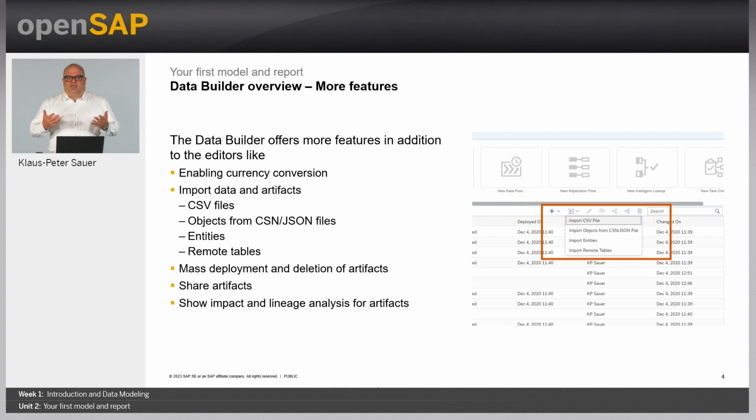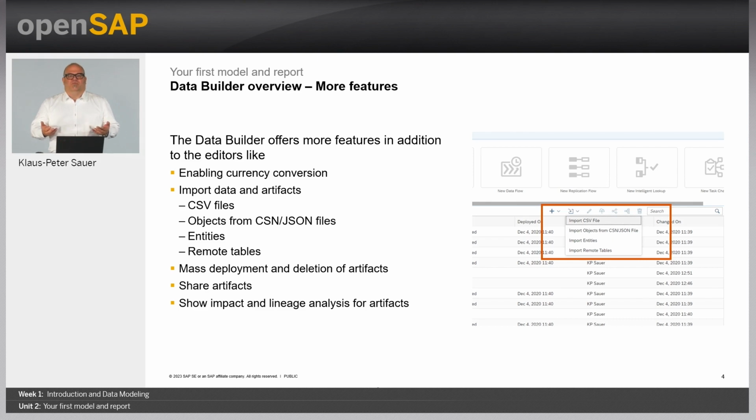In addition to the editors, there are more functions available in the Data Builder overview. You can import CSV files, which we will do in a minute, but also import objects based on CSN or JSON metadata files, and import entities from systems like S/4HANA Cloud or the SAP BW Bridge.